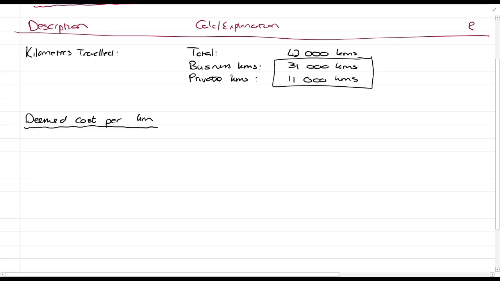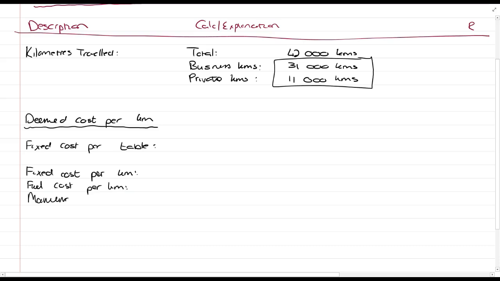I'm going to just put down the structure: we're going to get the fixed cost per table, then calculate the fixed cost per kilometer, then the fuel cost per kilometer, and the maintenance cost per kilometer.